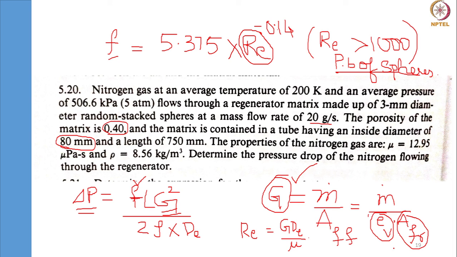Now, to find the equivalent diameter for a packed bed of spheres, this formula is only for a packed bed of spheres: 2 times porosity multiplied with the diameter of the spheres, divided by 3 times 1 minus porosity.